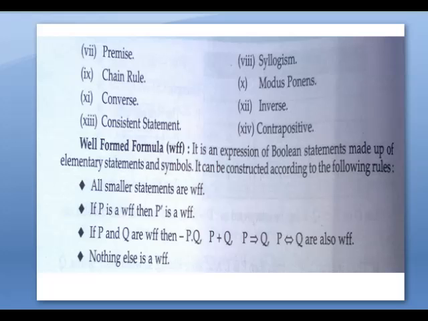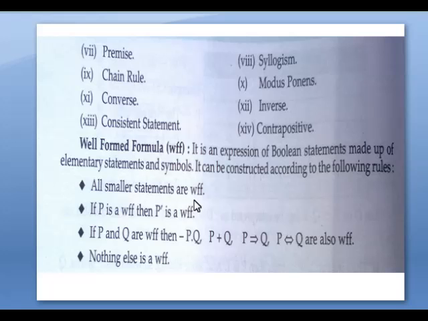So first one is well-formed formulae. Okay. So it is an expression of Boolean statement made up of elementary statements and symbols. It can be constructed according to the following rules. So all smaller statements are well-formed formulae.